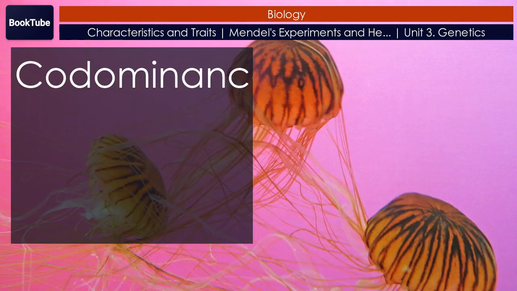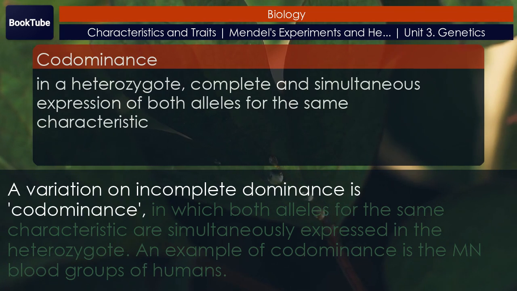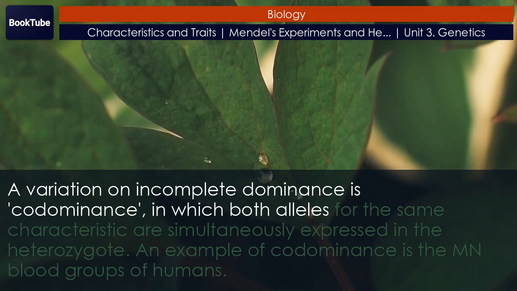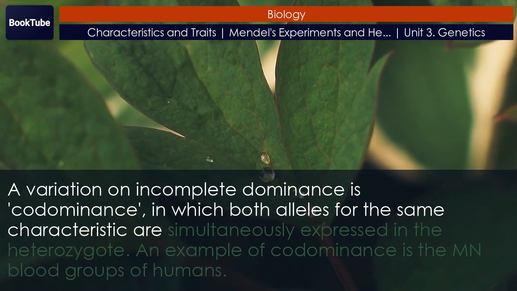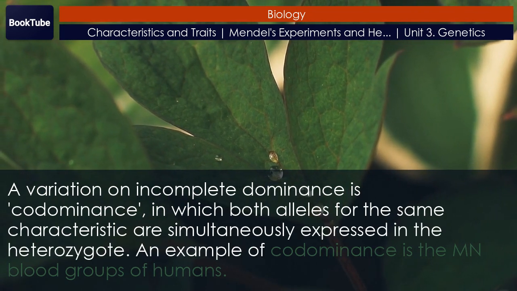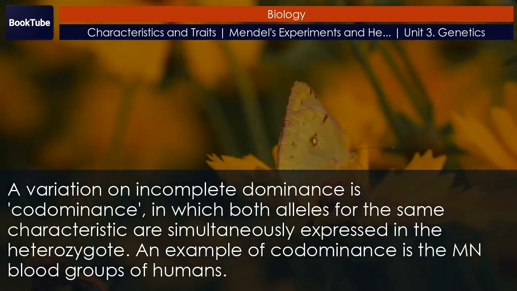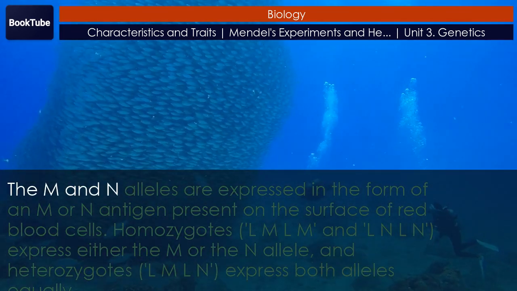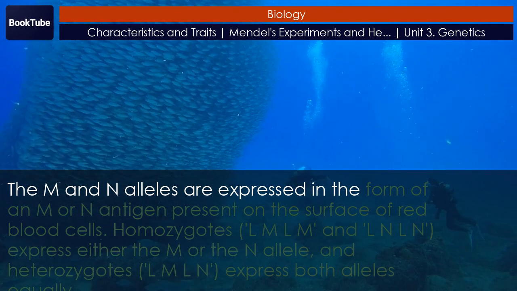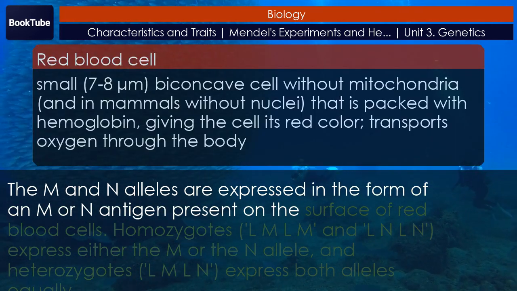Codominance. A variation on incomplete dominance is codominance, in which both alleles for the same characteristic are simultaneously expressed in the heterozygote. An example of codominance is the MN blood groups of humans. The M and N alleles are expressed in the form of an M or N antigen present on the surface of red blood cells.